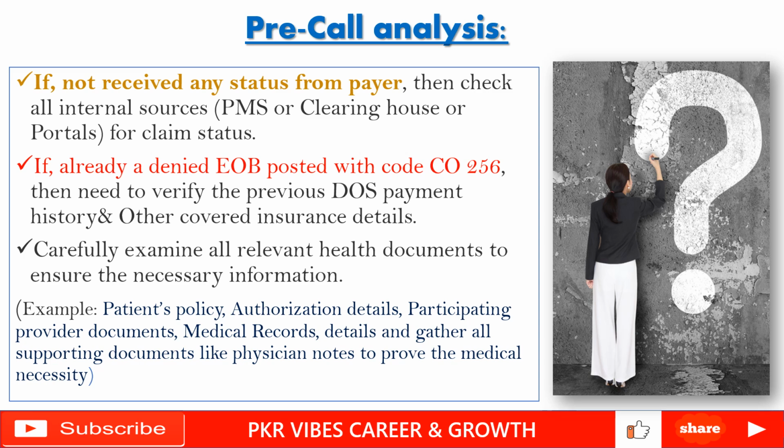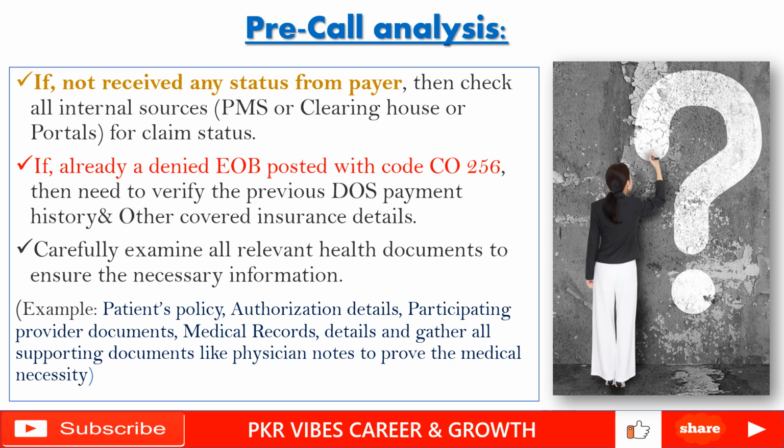And the next point is, if a denied EOB with denial code CO256 is already posted in your PMS, then you need to verify the previous DOS payment history and also other covered insurance details. Generally, for example, when a CO256 denial is there, you should verify whether we got any payments for this kind of service from the insurance company previously.